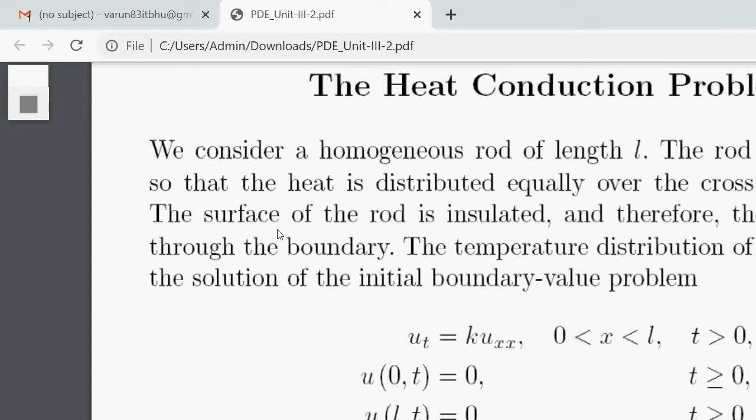u_t means the partial derivative of u with respect to t, it means del u by del t, and u_xx means the second order partial derivative of u with respect to x, it means del square u by del x square.